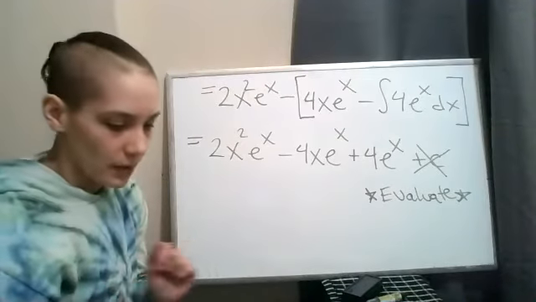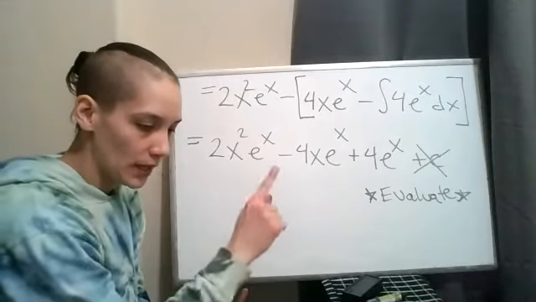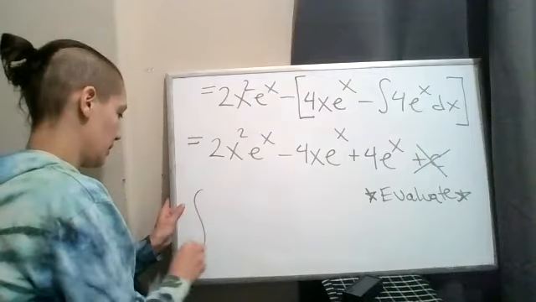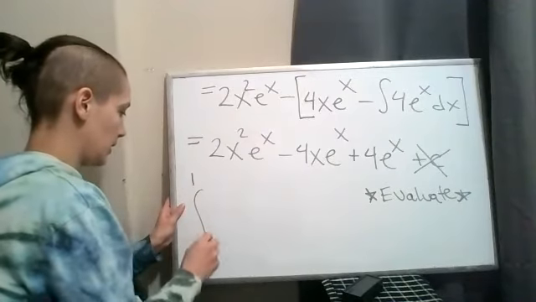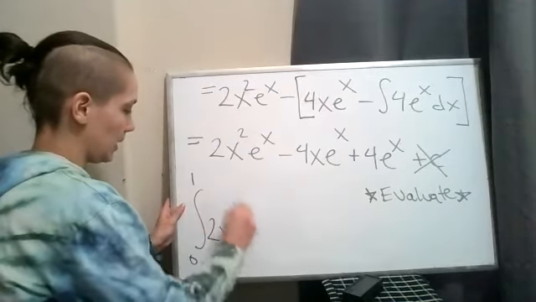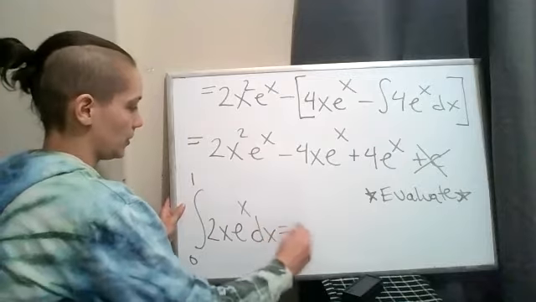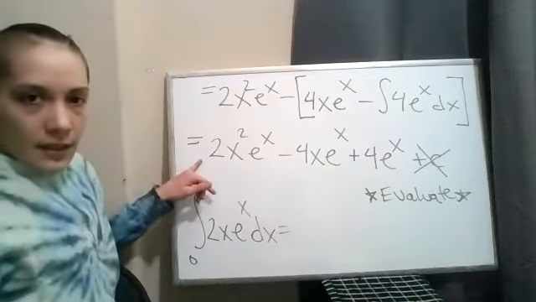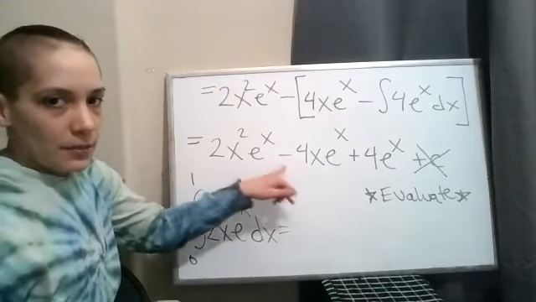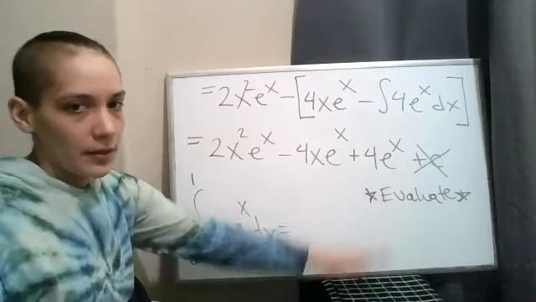So let's write down the problem. It's from 0 to 1, the integral from 0 to 1 of 2x squared e to the x dx equals 2x squared e to the x, well, all of this piece, but we're going to evaluate from 0 to 1.